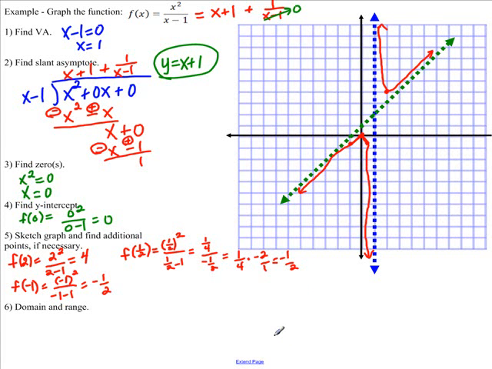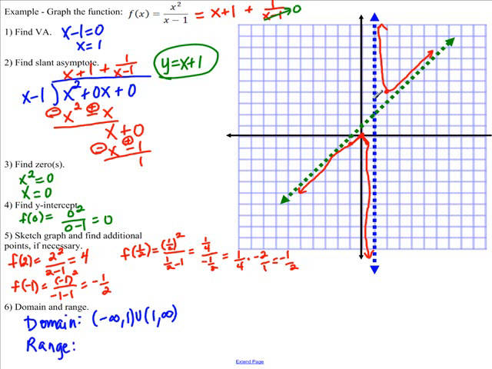Now, what about the domain and range? For the domain, the only value we're excluding is 1. So the domain is from -infinity to 1, union 1 to infinity. The range is going to be a little more involved, because we have to figure out whether the points we plotted are the highest and lowest points of those pieces of the graph.